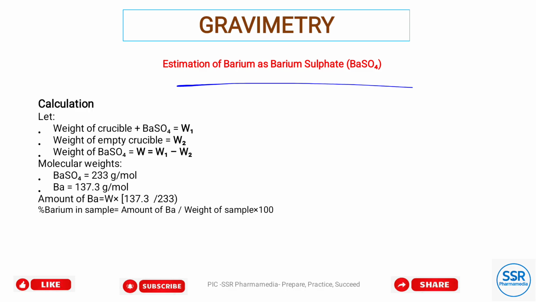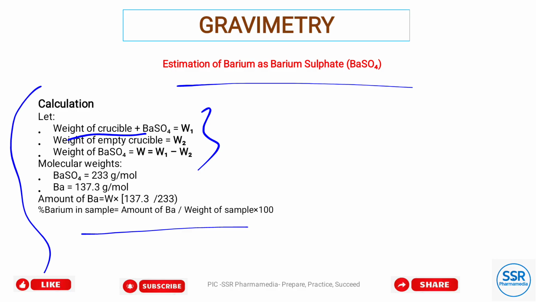Finally, the calculation: weight of the crucible plus barium sulfate. If you substitute this in the formula, you will get the purity of barium as barium sulfate. Take a screenshot and read this formula: W1, W2 and W1 minus W2. W1 is barium sulfate plus empty crucible, and W2 is the empty crucible.